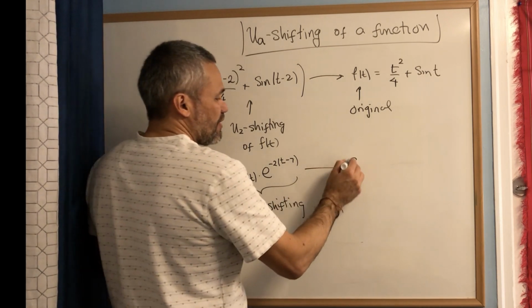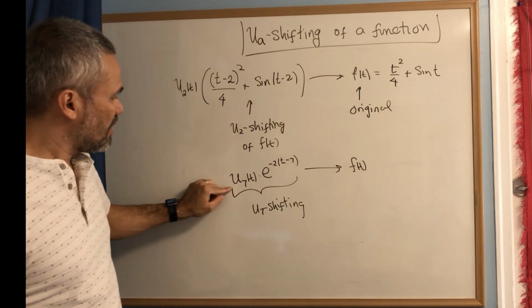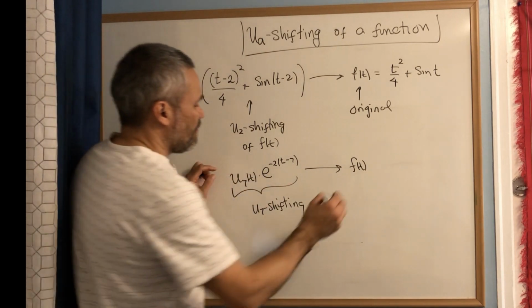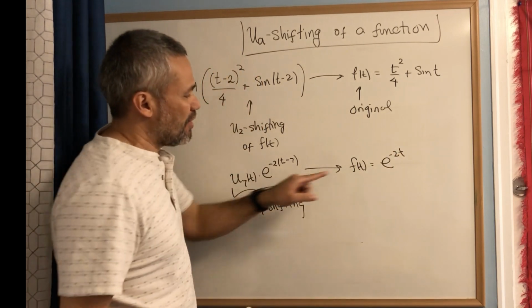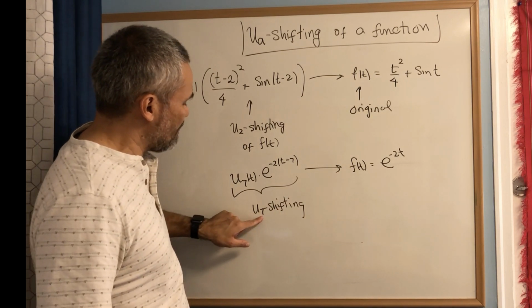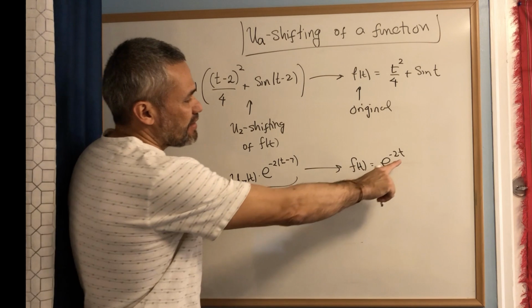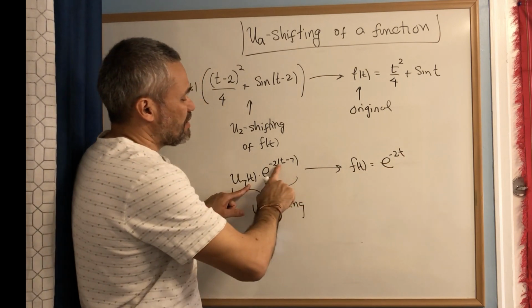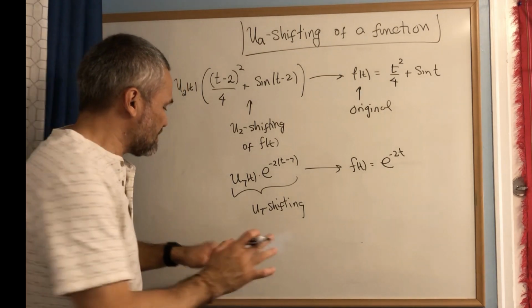What is the f of t? The f of t would be e to the negative 2t, because if this is the original, when we want to get the u7 shifting, we multiply by u7 of t, and anytime we see that t, we replace it with t minus 7.